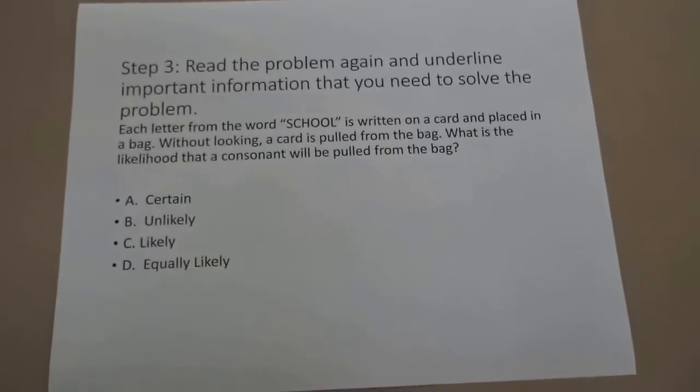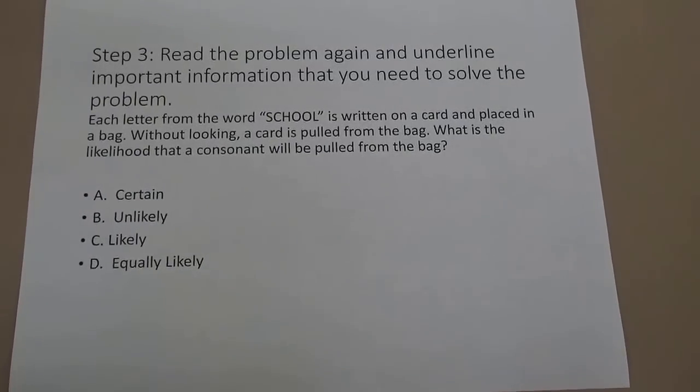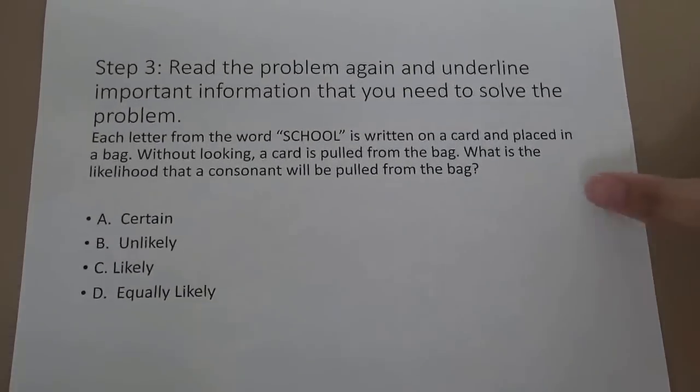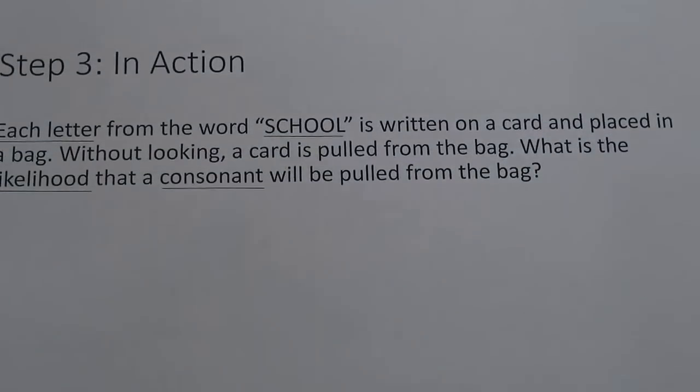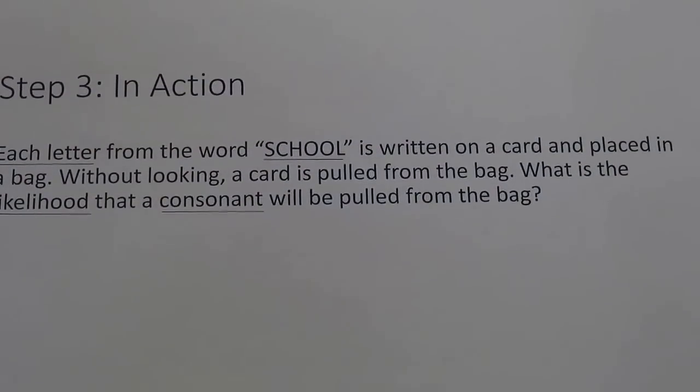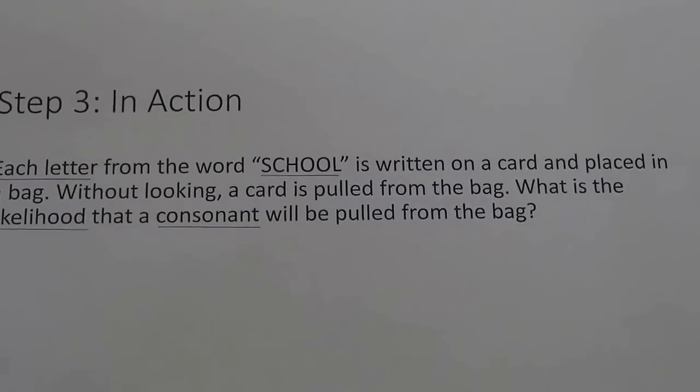Step 3, read the problem again and underline important information that you need to solve the problem. Here is our step 3 in action. We underlined each letter from the word school, likelihood, and consonant.